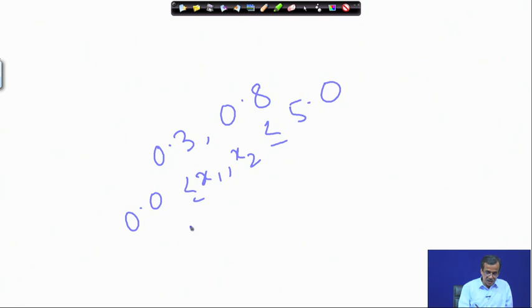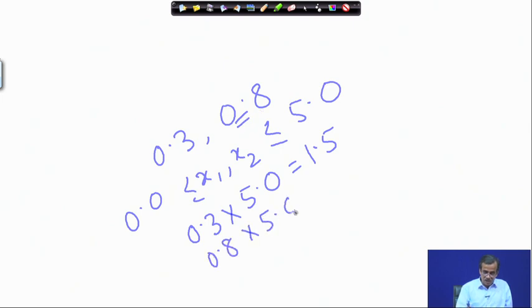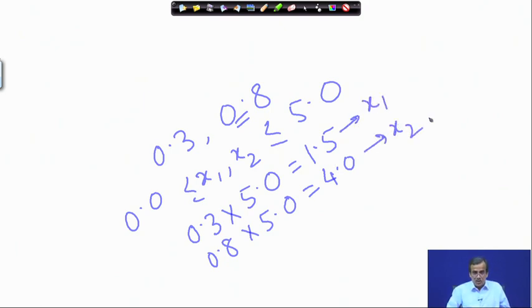So, 0.3 multiplied by the range, that is 5.0, is nothing but 1.5, and corresponding to this, 0.8 multiplied by the range, that is 5.0, is nothing but 4.0. So, I can find this. This is nothing but the value for small x1 and this is the value for small x2.